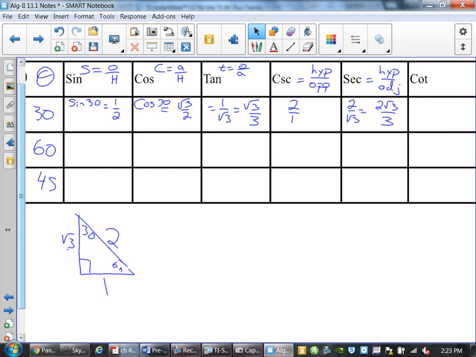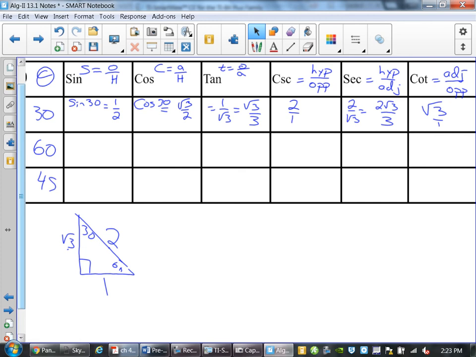So if tangent is opposite over adjacent, cotangent will be? Correct. It's just root 3 over 1. I just leave it as root 3. Okay.